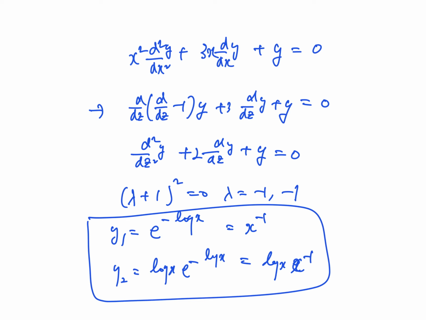So let's see. General solution is y is x to the minus 1 times (c1 + c2 log x).